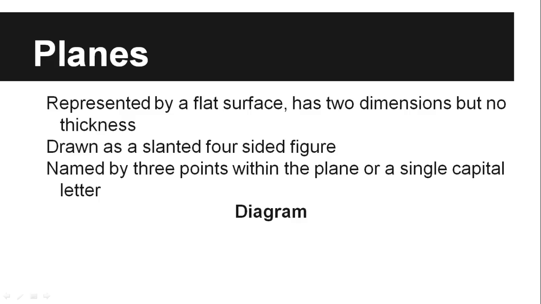So to draw two examples quickly, here's my first one, and we'll label it with three points: point B, point D, point F. Or I could draw a separate plane with just a single capital letter in the corner, plane P.